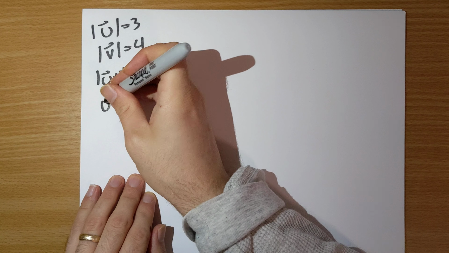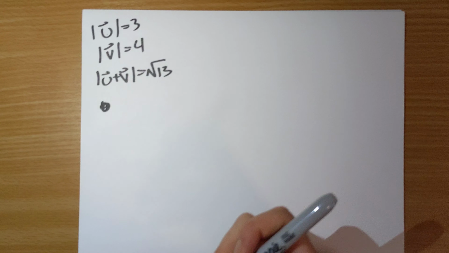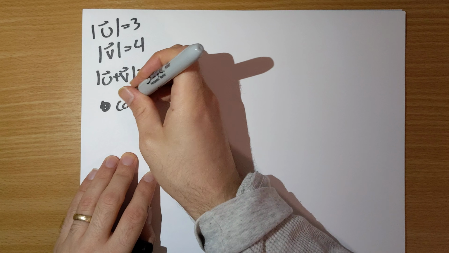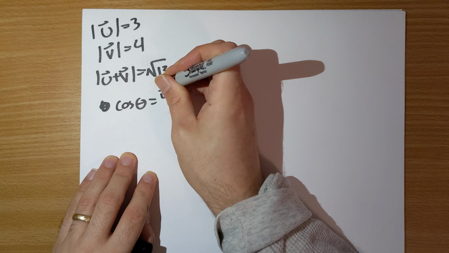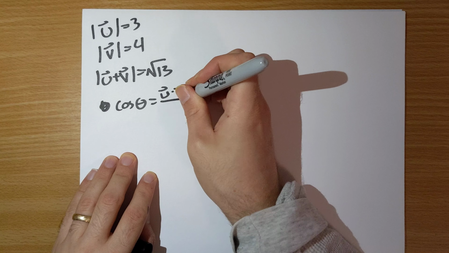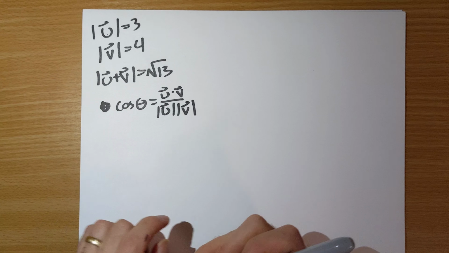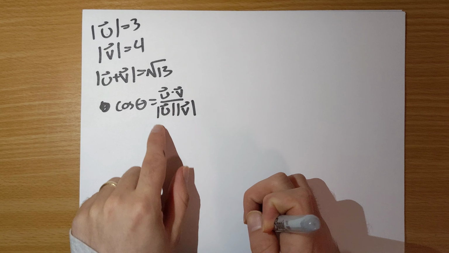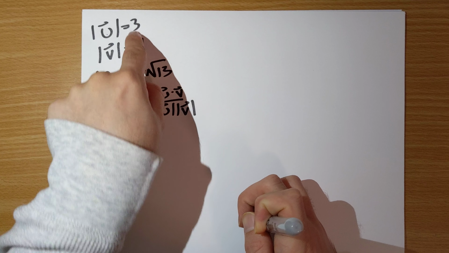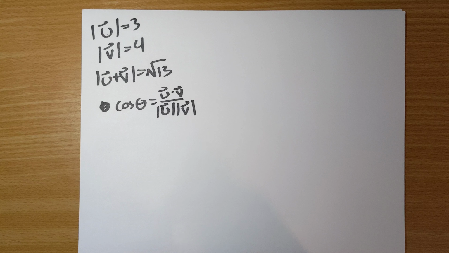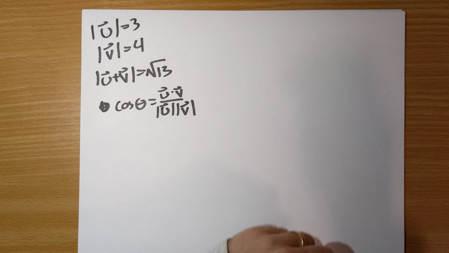How do we get to the angle between them? We know that cosine of theta is U dot V over the magnitude of U times the magnitude of V. We know the magnitudes of U and V, so we need a dot product. Here's the trick.